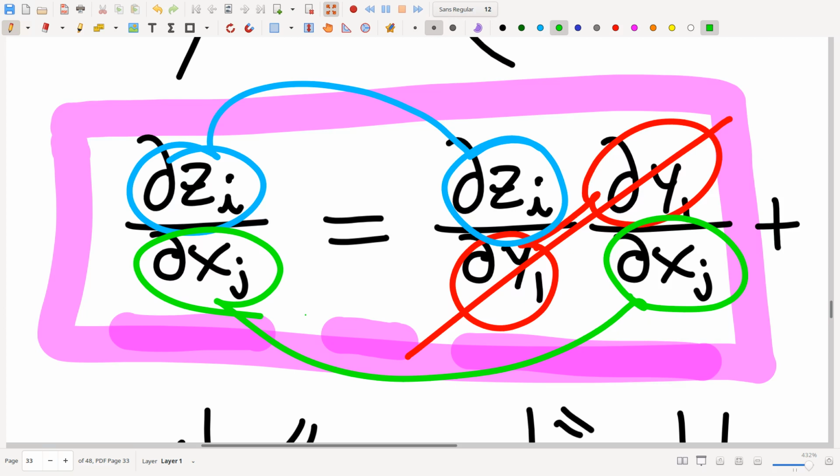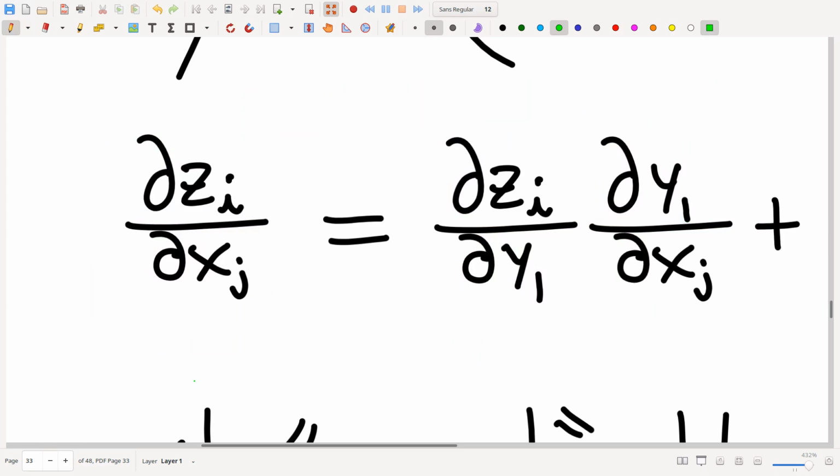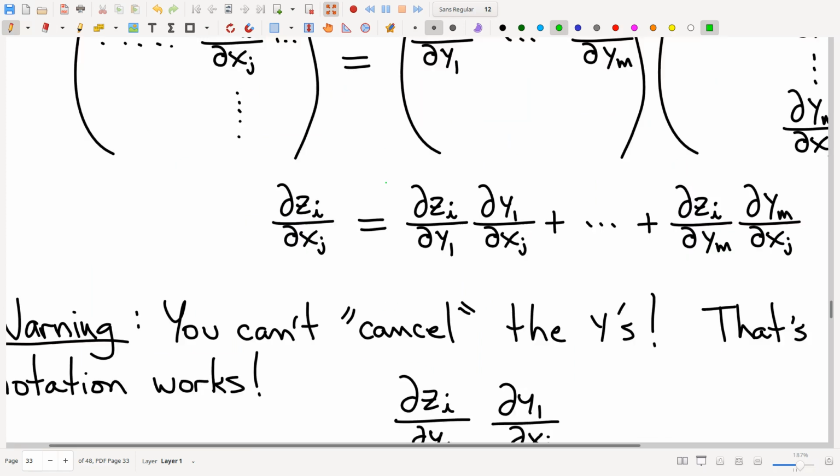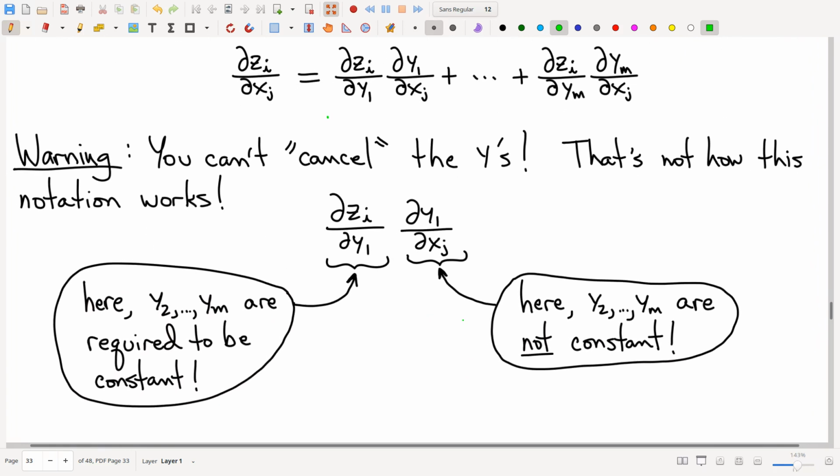So you cannot do that. It does not make any sense. I blame the notation. If we look at this term here, and look at the partial y1s that we canceled, let's think about what roles they are playing. What is this thing, partial y1? By itself, it doesn't mean anything, because it depends on the context.